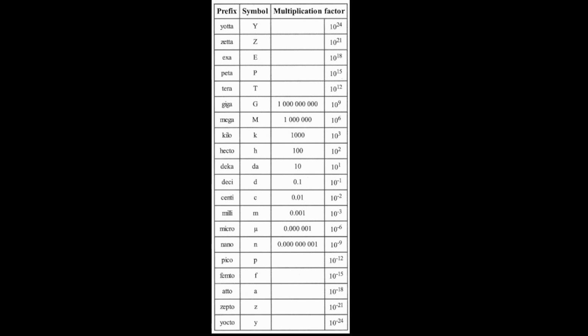Then we have micro, which is 10 to the minus 6. And then we have milli, which is 10 to the minus 3. We will use those to describe small measurements. Now, when we get to the larger measurements, we use terms like kilo, which is 10 to the 3rd. We use mega, which is 10 to the 6th.